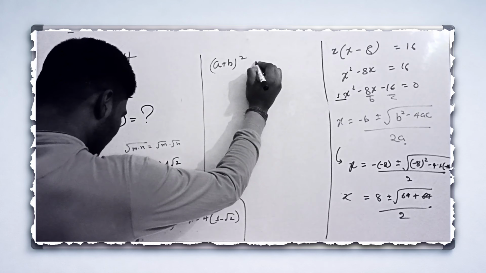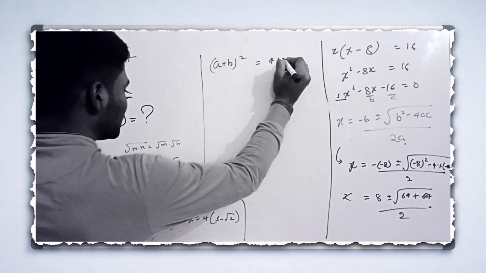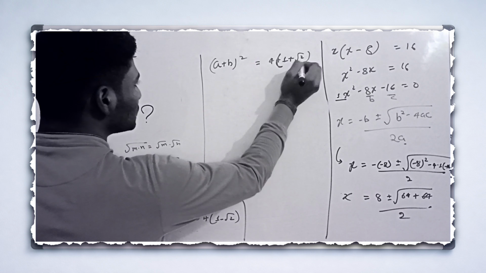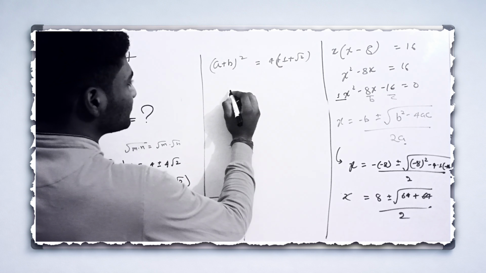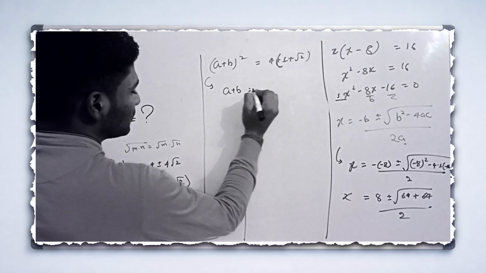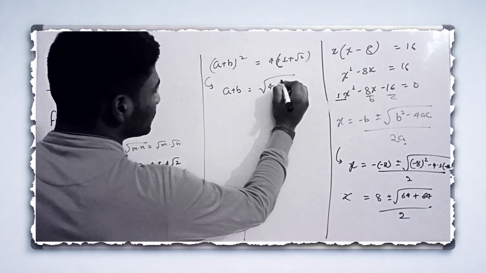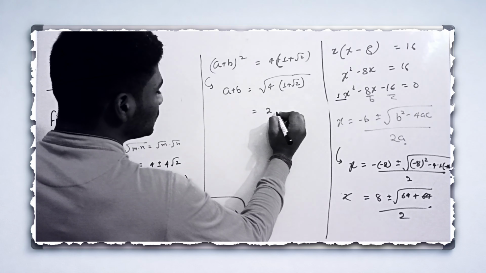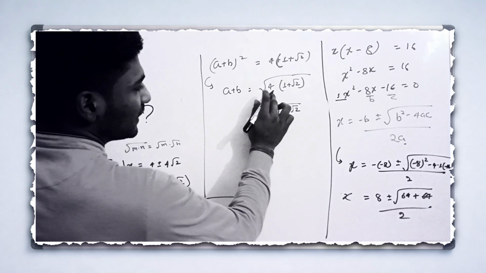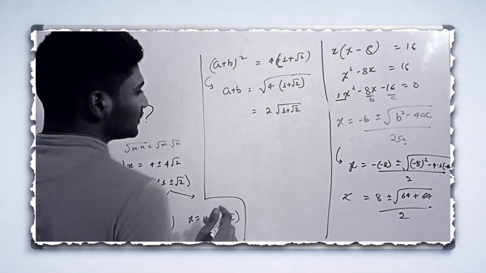So a plus b whole square is equal to 4 times 1 plus root 2. Taking the square root on both sides, we get a plus b is equal to root of 4 times 1 plus root 2, which is also equal to 2 times root of 1 plus root 2. We have taken 4 out of the root.